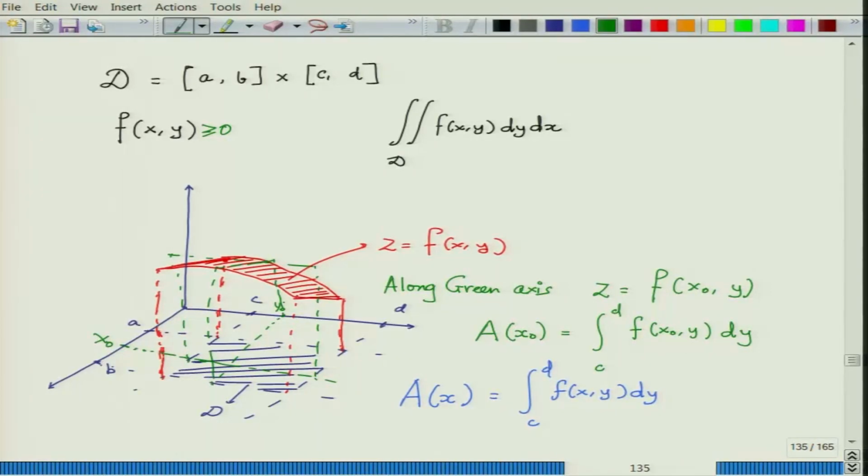So it is cutting the xy plane vertically, passing along the line which is vertical to the y axis and passing through y naught.